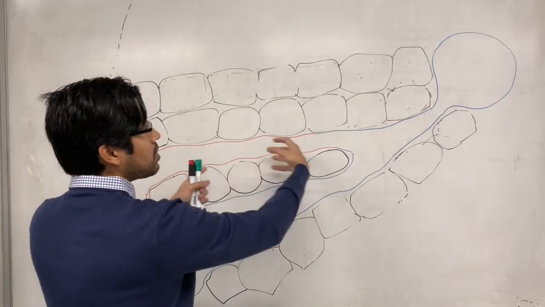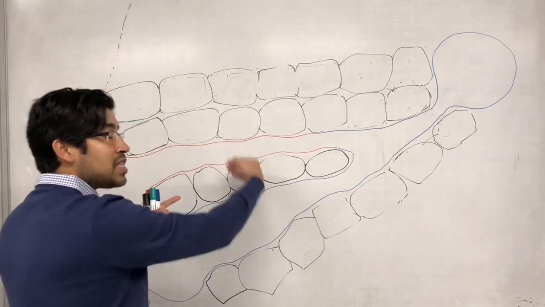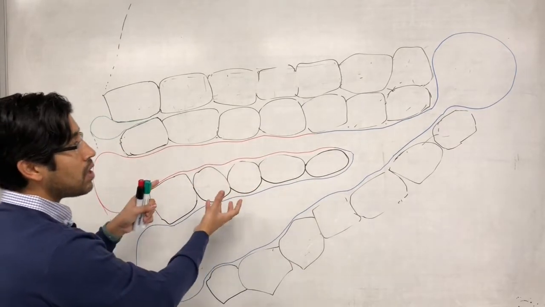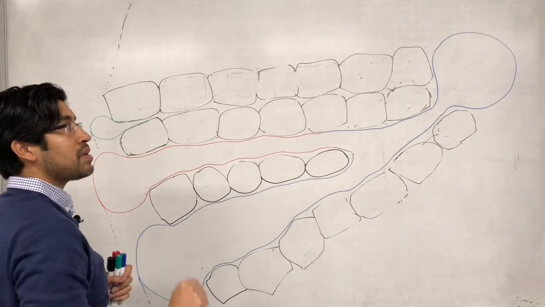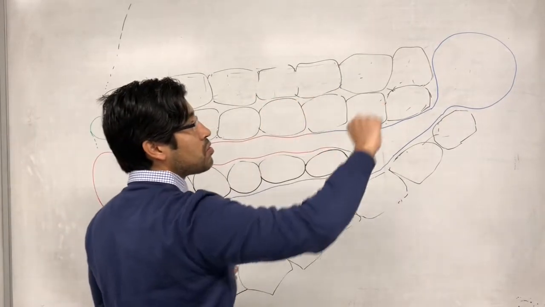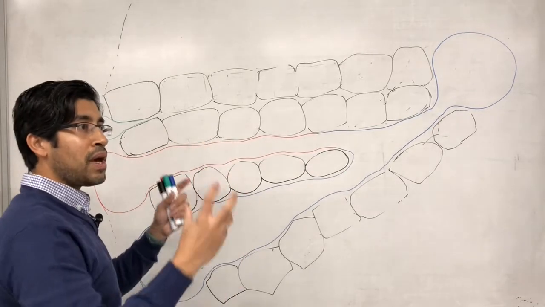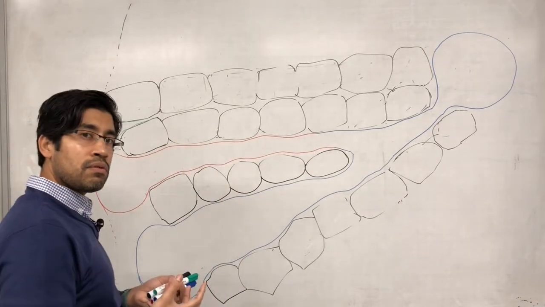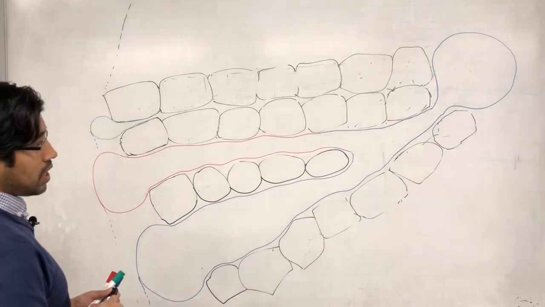And as the blood leaves, all those metabolic processes result in a change in the composition of the blood, and so the blood that leaves via the hepatic vein, that then goes to the heart and then to the rest of the body, is in a more optimal composition. Okay, so here we have that.